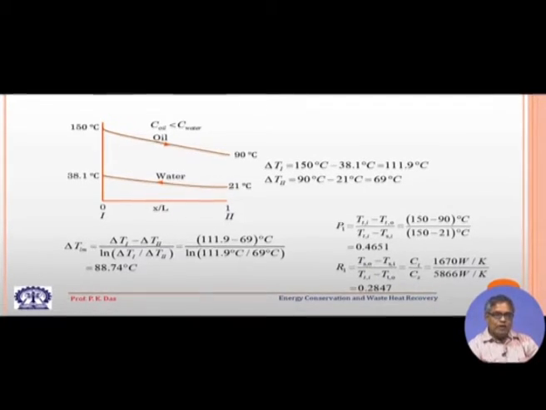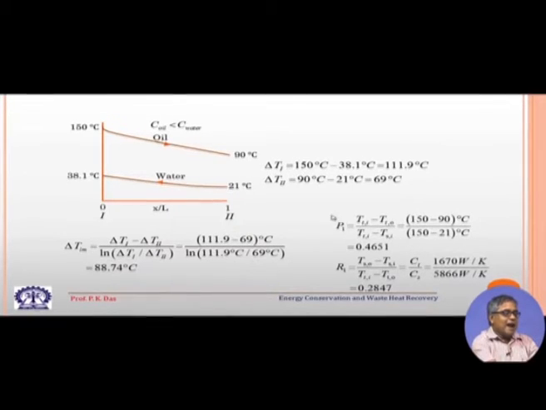Generally these correction factors are obtained from some sort of chart or graph. We need two values, one is P 1, which is given by this kind of a formula. This is representative of actual heat transfer, and this is representative of the maximum amount of heat transfer that is possible by these 4 temperatures.